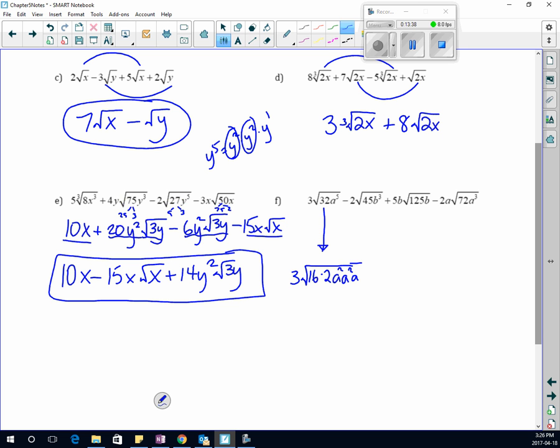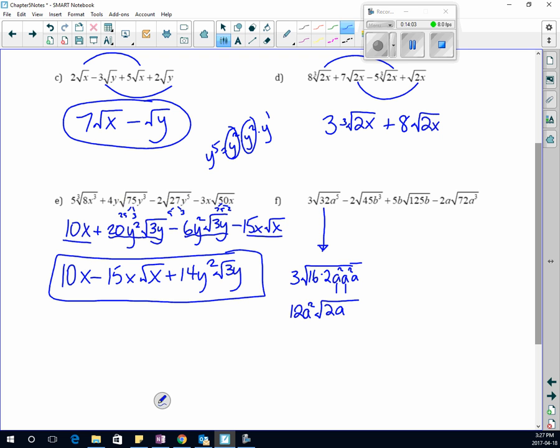Does everybody see that? So take out the perfect squares. The 16 would come out as a 4. 4 times 3 is 12. One of these a squares is going to come out as an a, another a squared comes out as a, and a times a is a squared. What do I have left? I have a 2 and an a left.